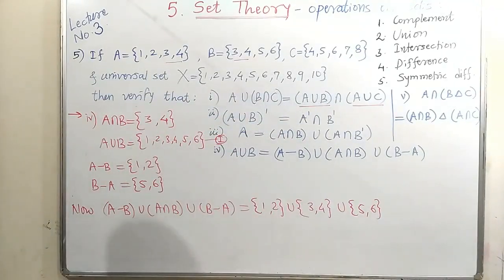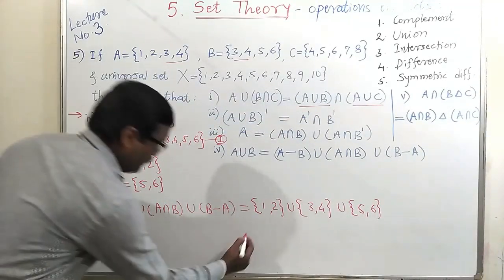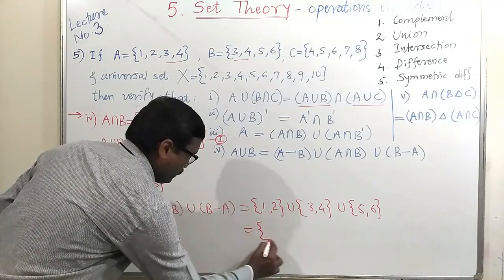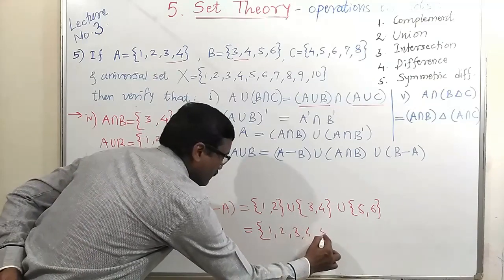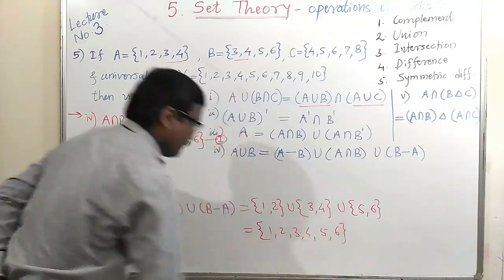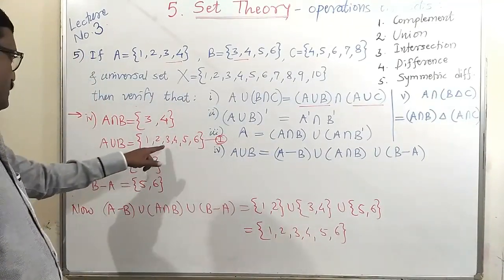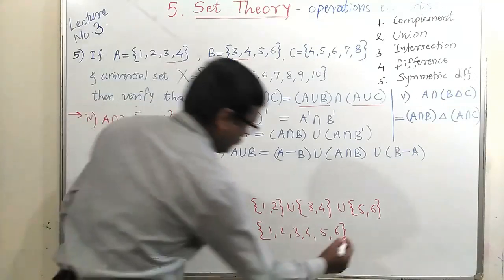So the union of these 3 sets, it will be set of all elements, that is 1, 2, 3, 4, 5, 6. So this is the same first set.